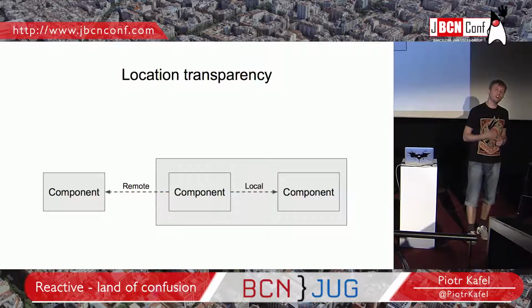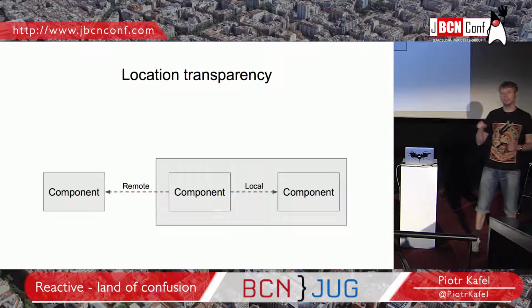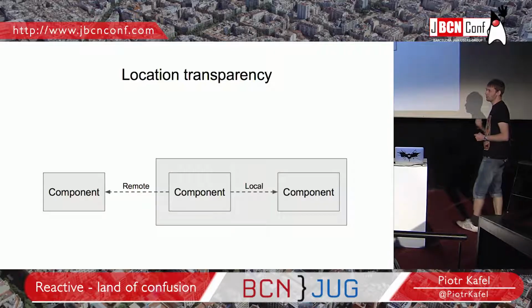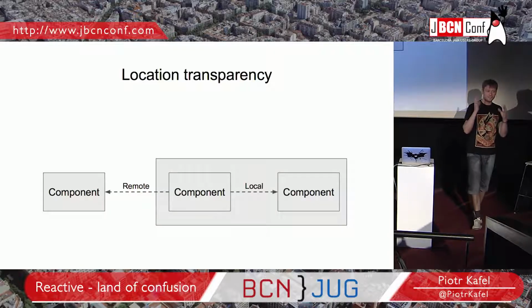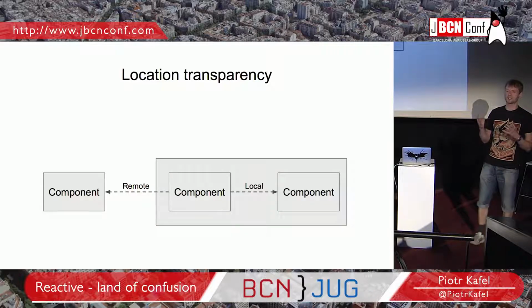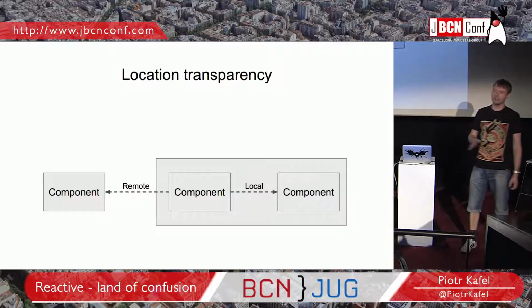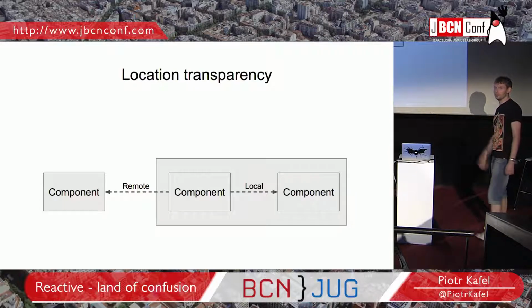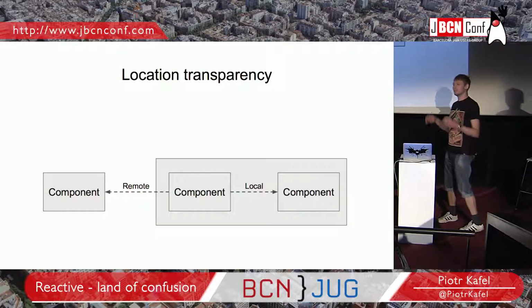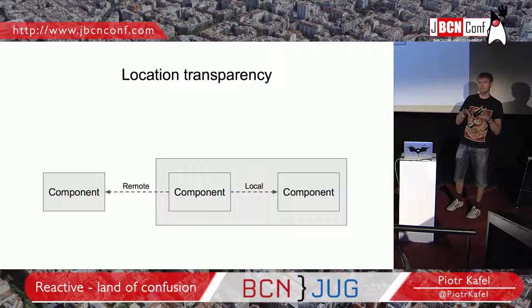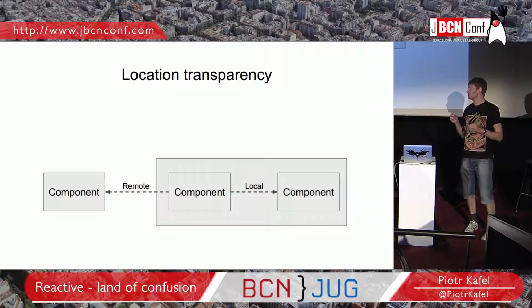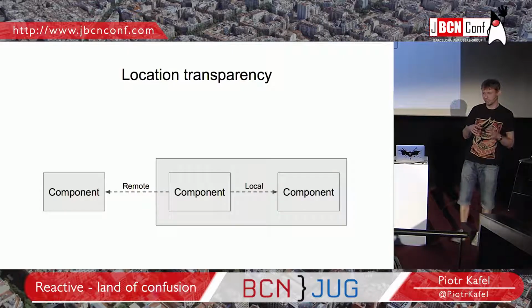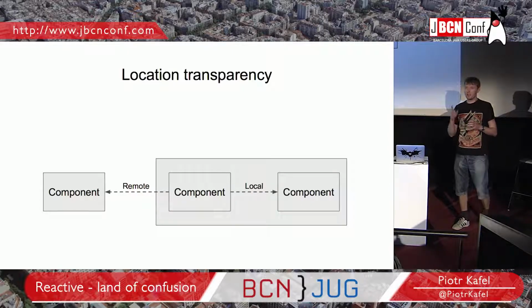Whenever you are calling your component, you are always assuming this is a remote call. And the very first thing probably in your mind now is, this is crazy. And of course, nobody is saying that every method call you should treat that way. However, whenever you have components communicating with each other, there is a really huge value in treating the communication between them in this way.